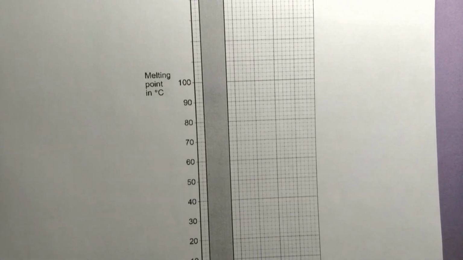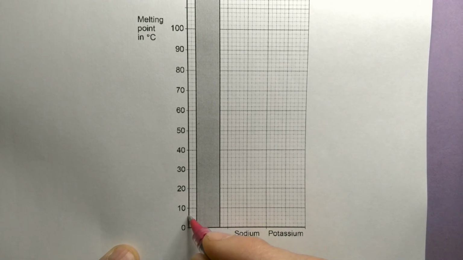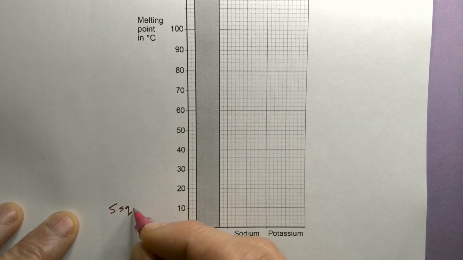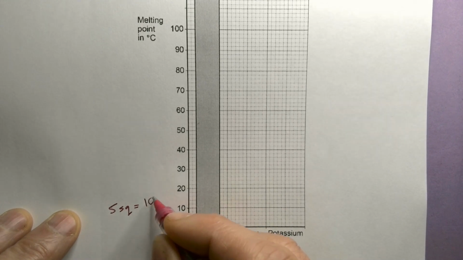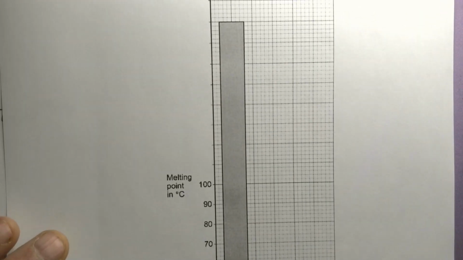It's already started the scale off for me, and I can see here that every 5 little squares is 10 degrees C. So I'm just going to continue that here.